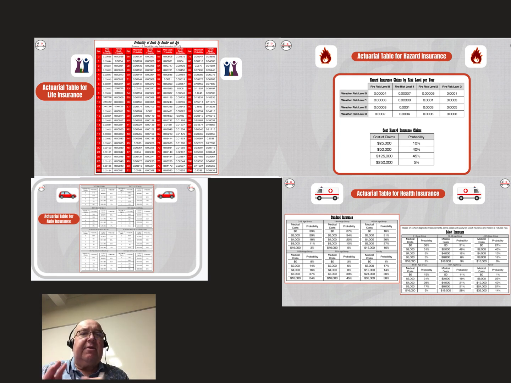Remember, for the auto insurance, you're going to multiply the probability times the number of claims, and then you're going to find the cost of claims times the probability of that type of claim, and then multiply those together, and then add that to the other side to find out what the premium the individual is going to pay for that insurance is.